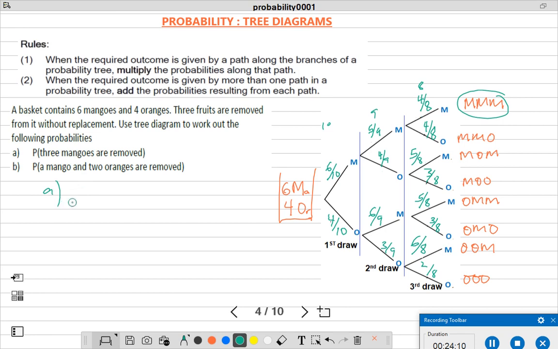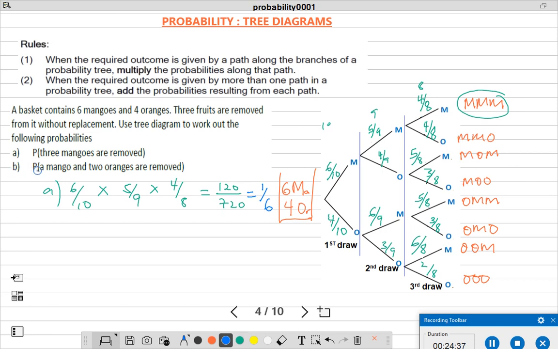So part A, since it is just 1 path, we take 6 out of 10 times 5 out of 9 times 4 out of 8. And the answer is, we get 120 out of 720. If you simplify, you get 1 out of 6.